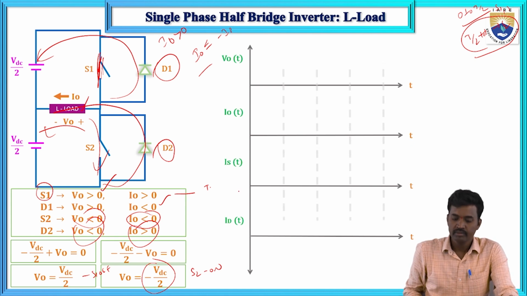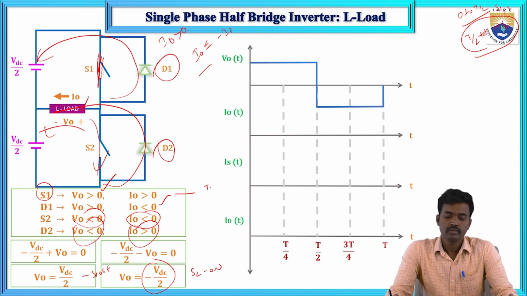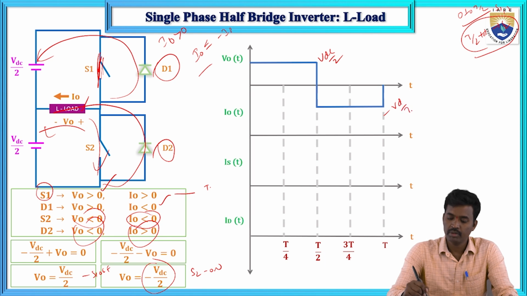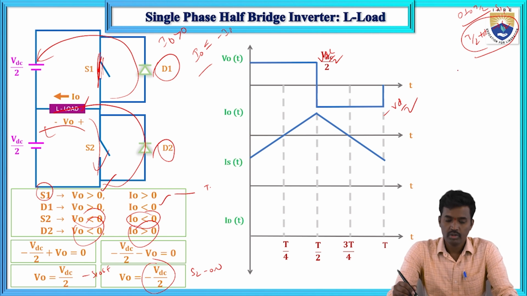Now here, at T by 4, T by 2 and 3T by 4, this is the output voltage VDC by 2 and this is minus VDC by 2, and next VDC by 2. The current I equals 1 by L integral of V dt.